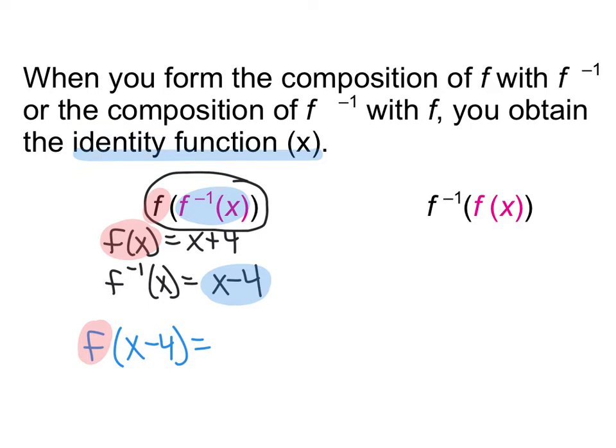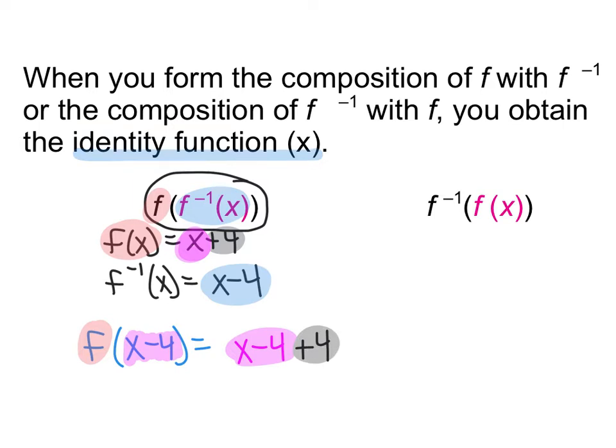Let me try and color code that a little bit nicer here. We're going to take what's here and substitute in whatever's in parentheses. So instead of this x plus 4, we're going to do x minus 4, and then the plus 4 from that original. Here's where the plus 4 comes from. So here's your two pieces. We did the x minus 4 instead of x, and then we kept that plus 4 the same.